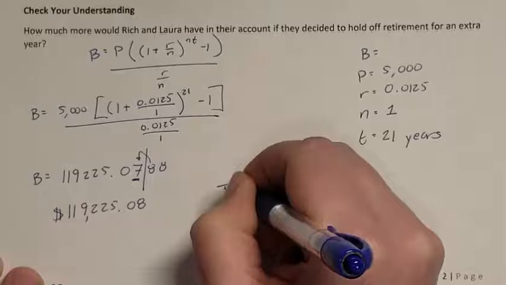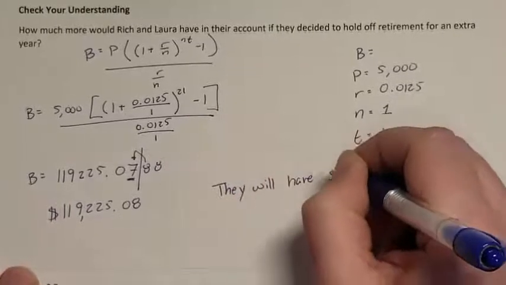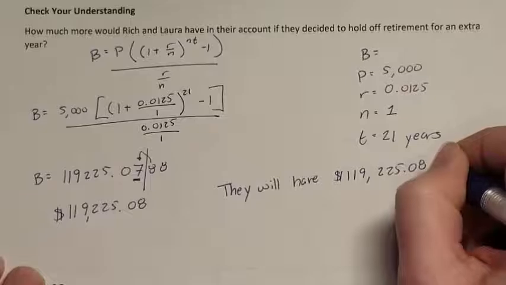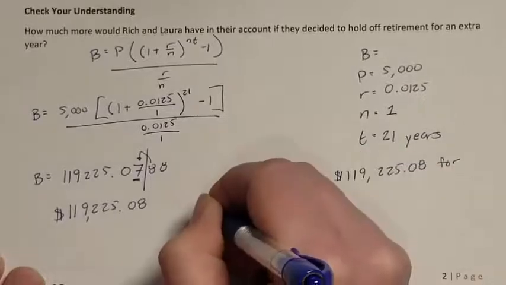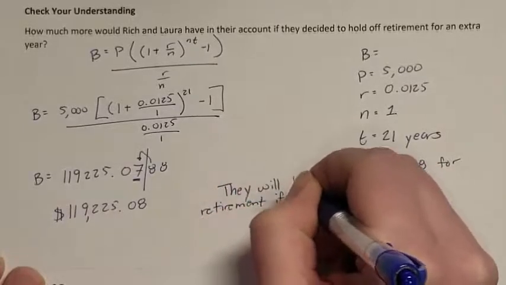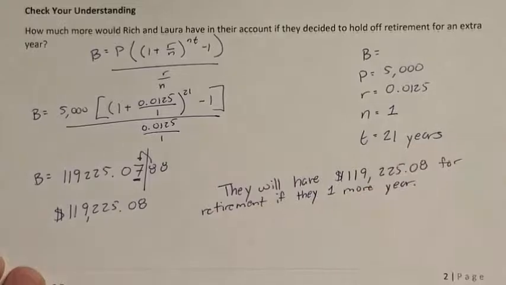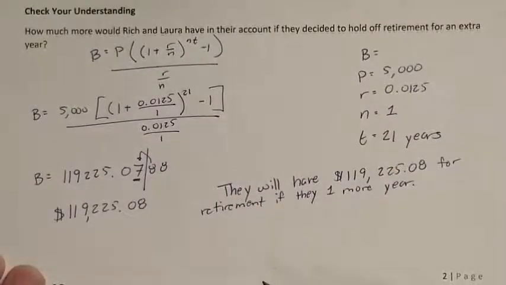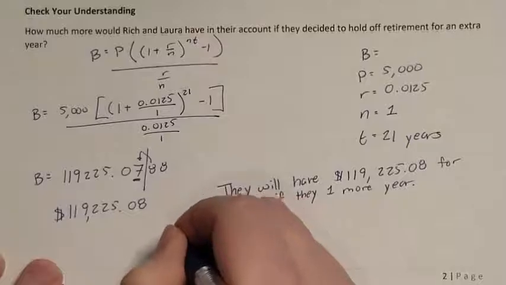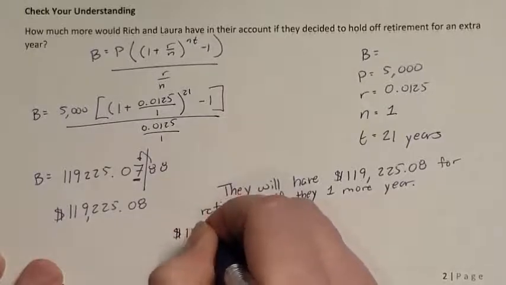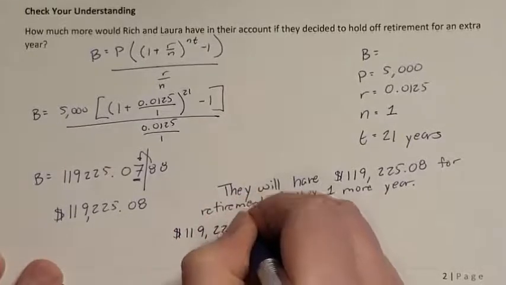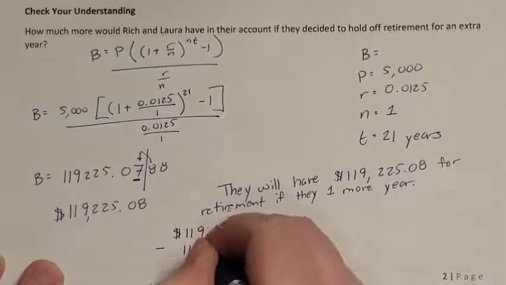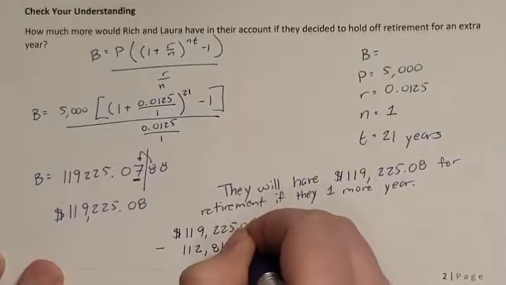So they will have $119,225.08 for retirement if they wait 1 year. But how much more is that? Because that's what the question wants to know. How much more did they gain? So right now, they could have had $119,225.08. But if they really did retire at 20, this is how much they would have had at 20.